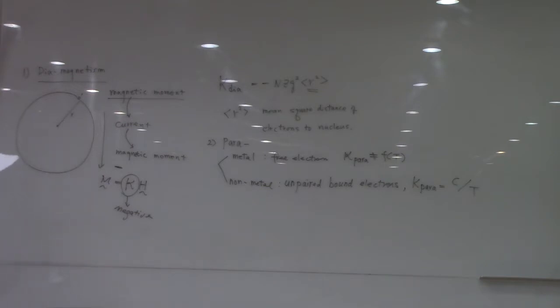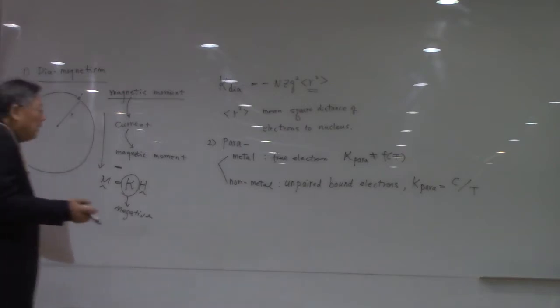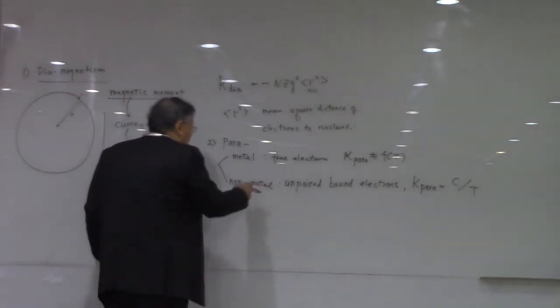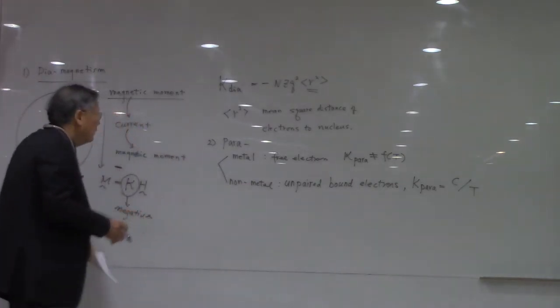And then, as the material is magnetized, the temperature of the material is going to increase, so that finally the magnetic moment decreases with time. Okay? That's what usually happens in paramagnetic materials.